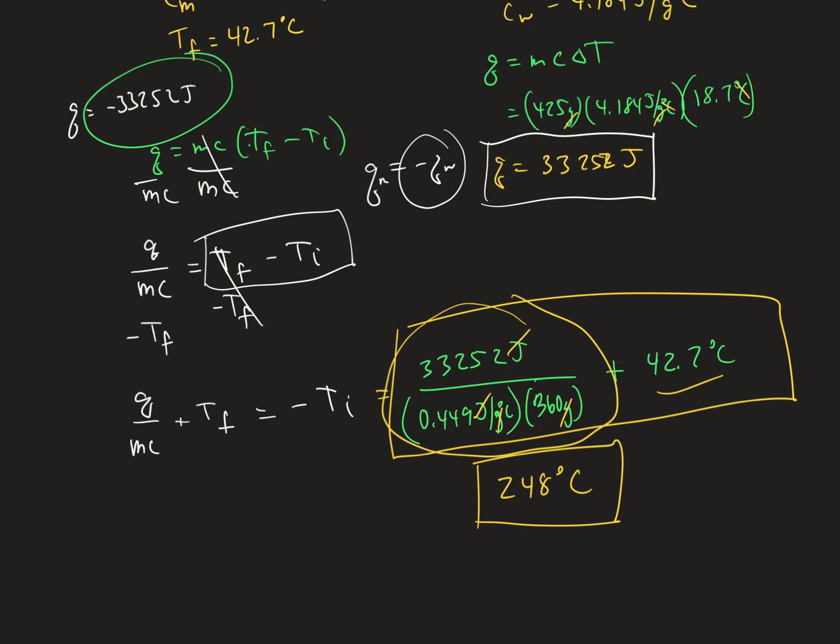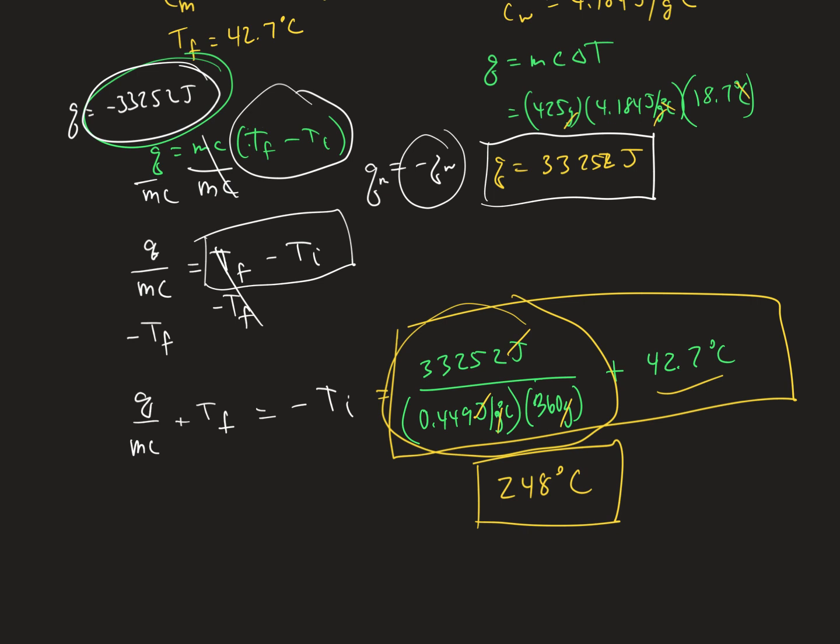Why wouldn't we start with negative Q? We knew that it was a negative as well. We could. I didn't plug this value in yet. I'm just solving it algebraically. I didn't put any numbers in. But this right here is what changes the sign and makes it appropriate.